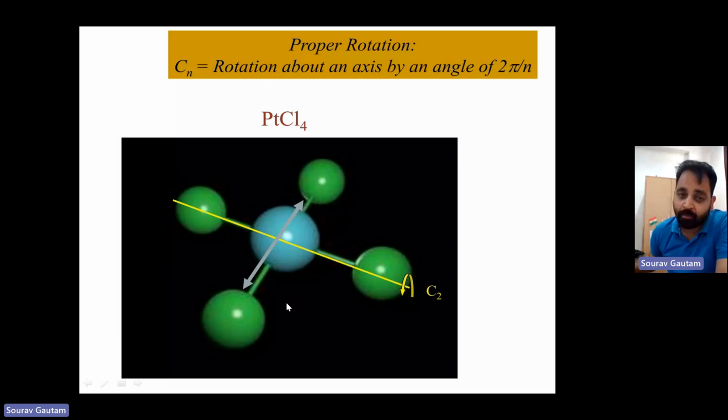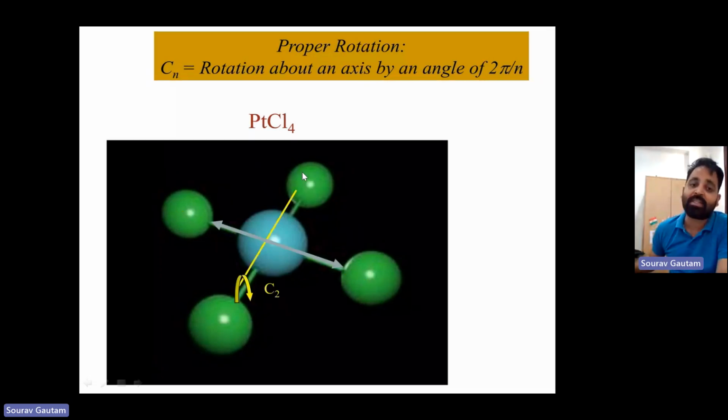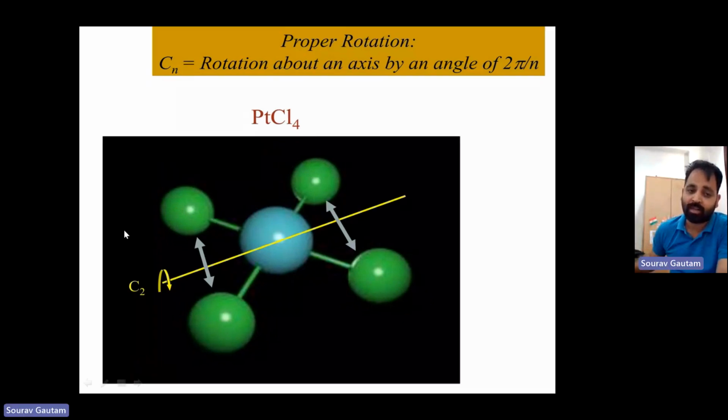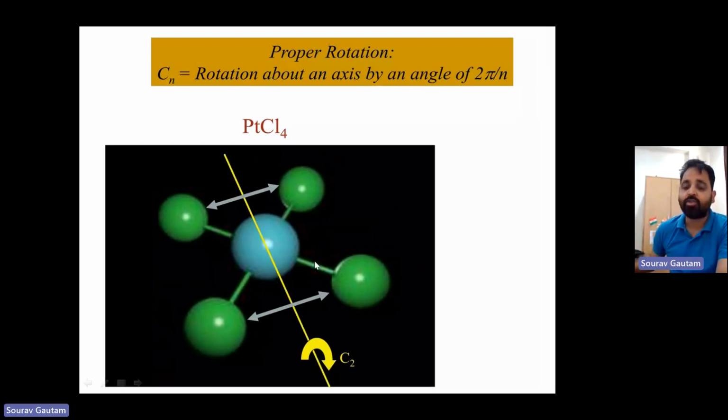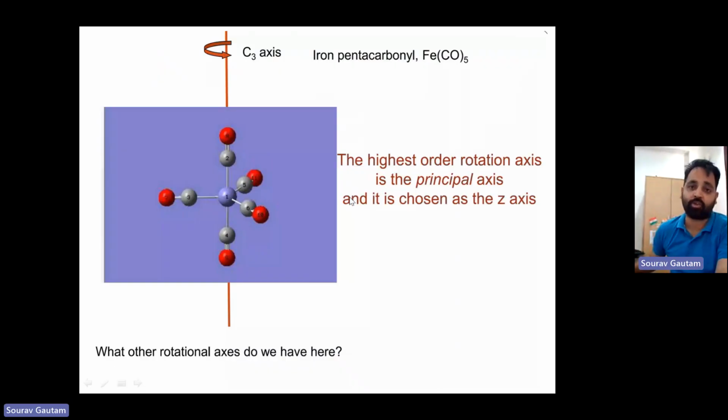So in PtCl4 there is C4 and 4C2, right? This is between 2 Cl, this Cl, this Cl, this, and this. This is C2 from this side, right? So there is C4 and 4C2 in a 4-fold axis of symmetry.